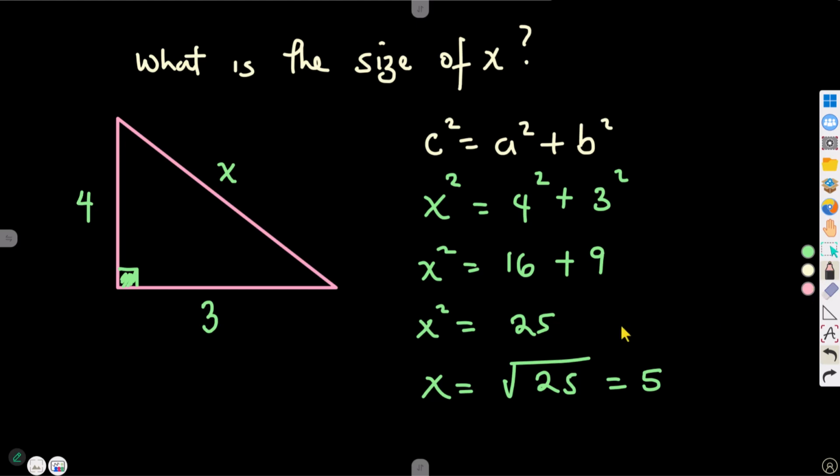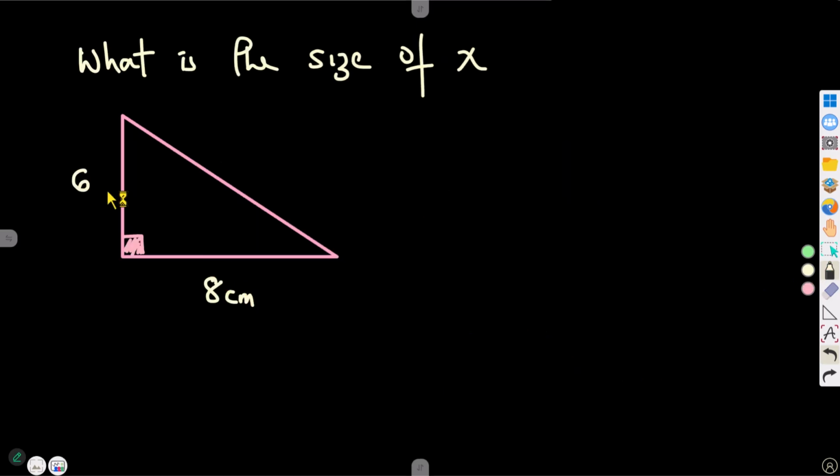Now, again, let's assume this was all in centimeters. The question here is, what is the size of x? For this question, we want to look at the size of x. And again, you remember this is the formula: C squared is equal to A squared plus B squared.